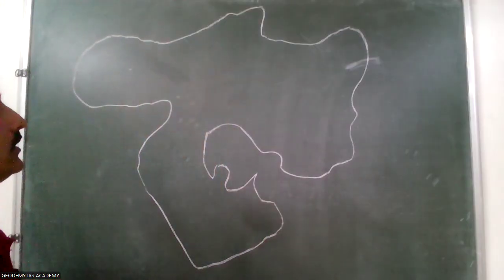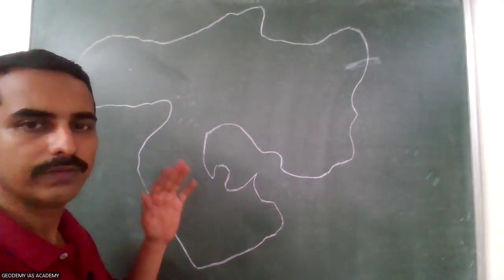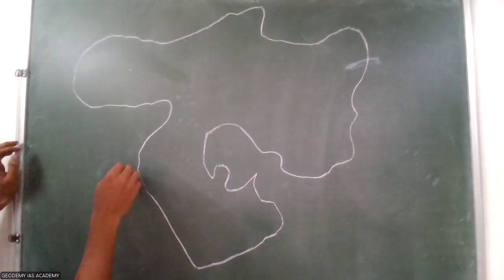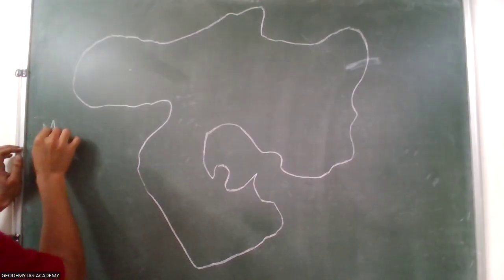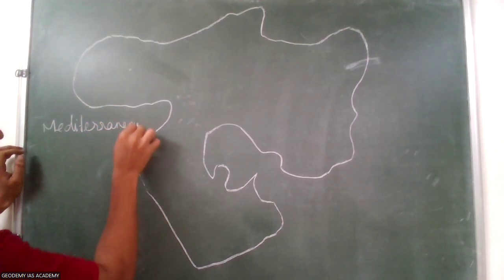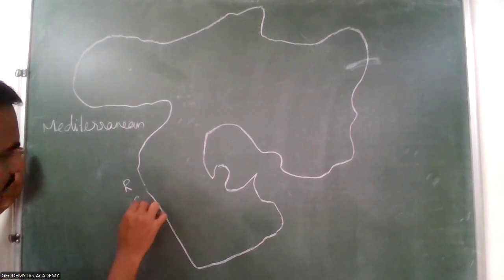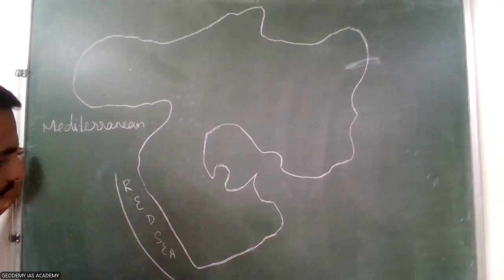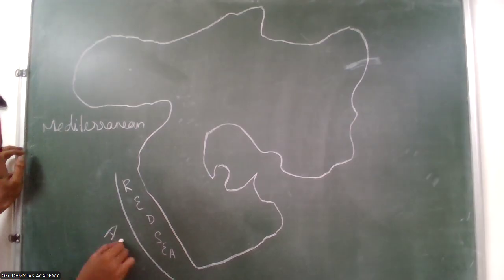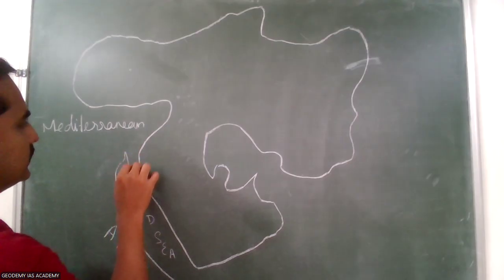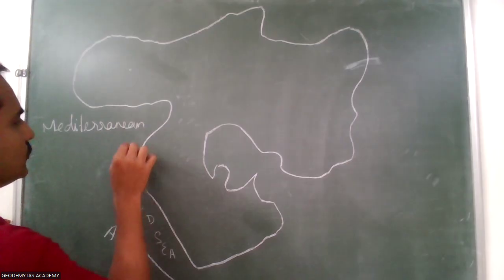First, to know geography, as usual, we have to see the surrounding regions of West Asia. In this region, here it is the Mediterranean Sea, and here it is the Red Sea, and here the African continent is in this part, and here one peninsula is there, that is the Sinai Peninsula, and that belongs to Egypt.